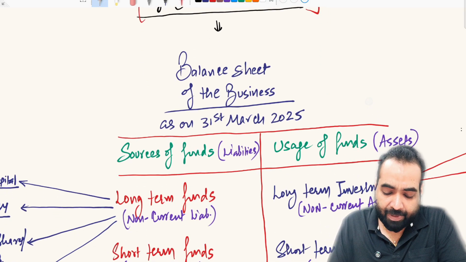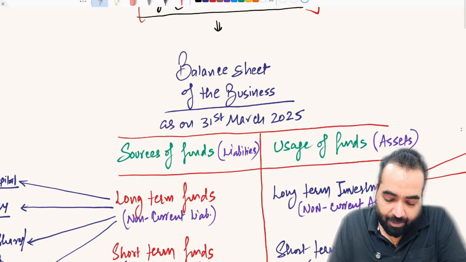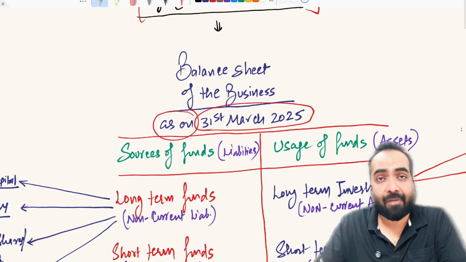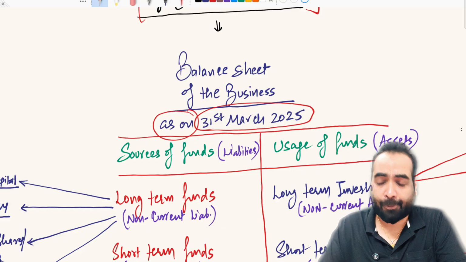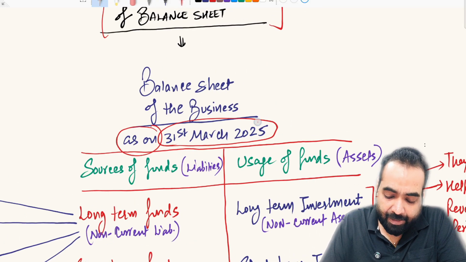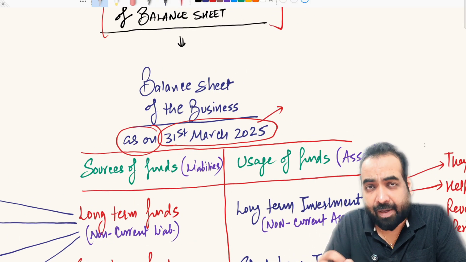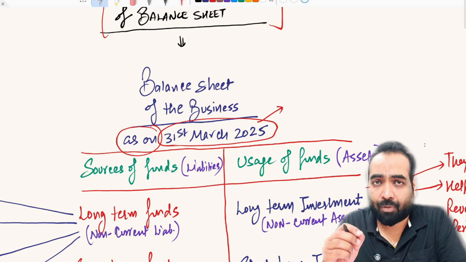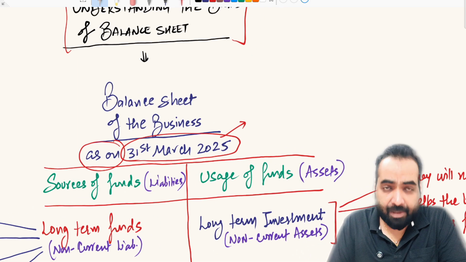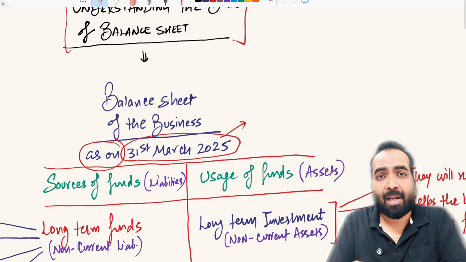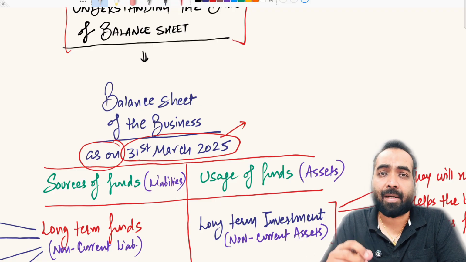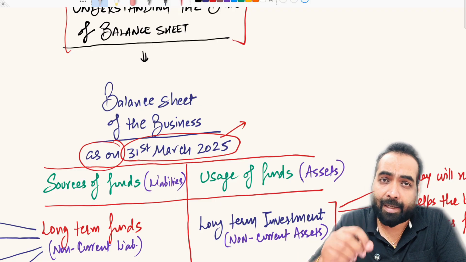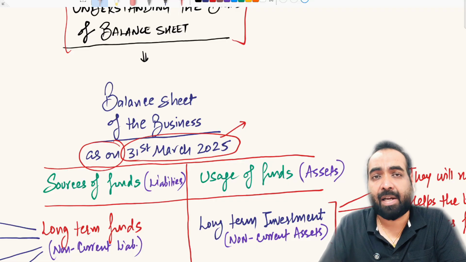So, the balance sheet of the business, I have written that the balance sheet of the business is as on 31st March 2025. This line is of significant importance for you. The balance sheet is always made on a particular date, and by this I mean that whatever data the balance sheet shows you represents the data of only that particular date on which it is made.